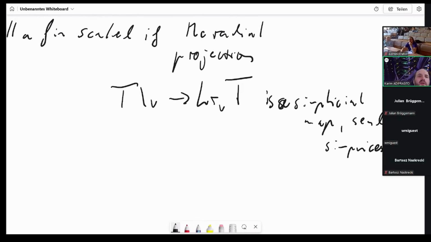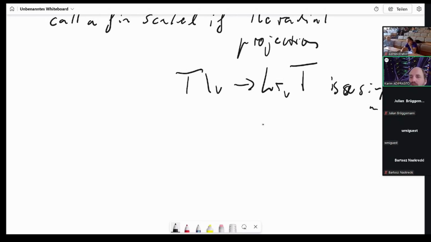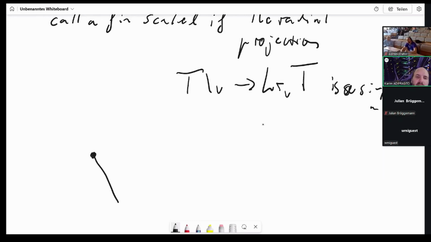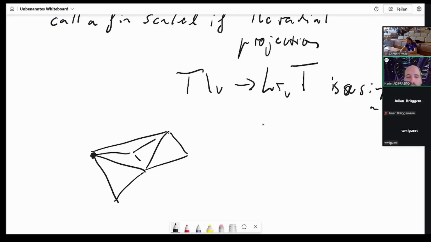So what do I mean by that? Usually the best thing is to give a non-example, and the non-example here is the one I drew before. I have my center V here, my anchor. What do I mean by the radial projection?